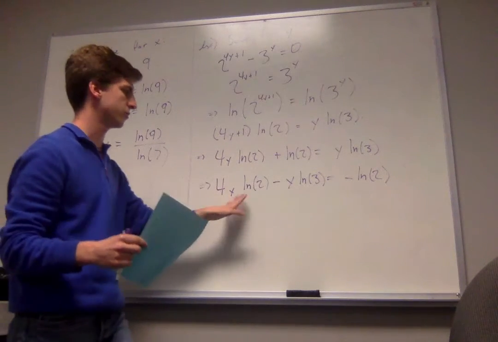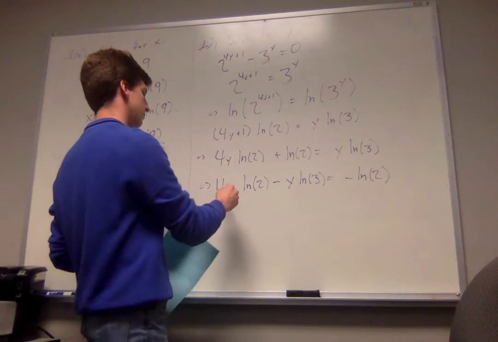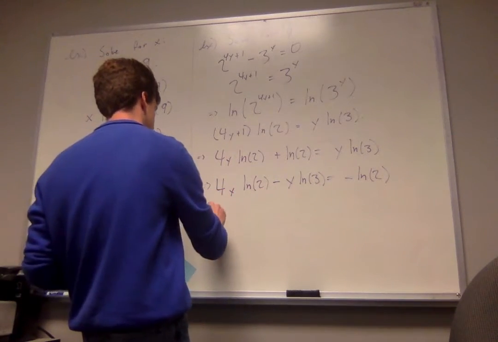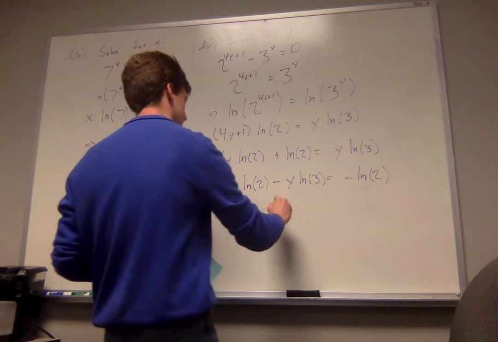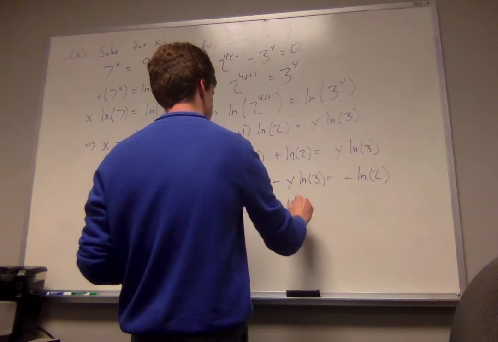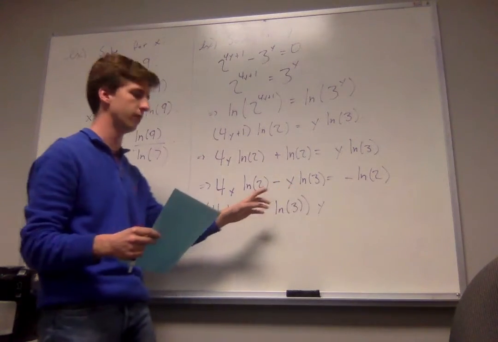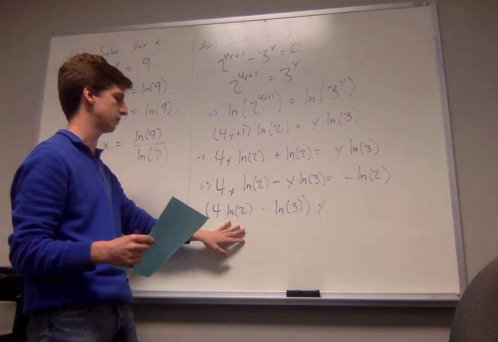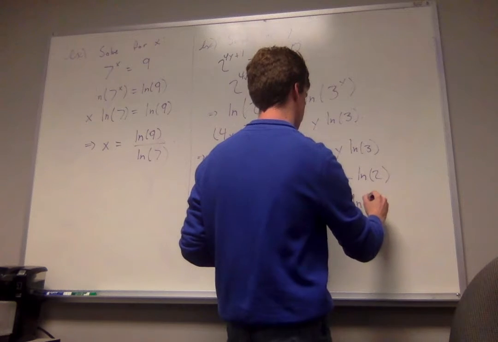So I have a y in the first term and a y in the second term, so we can factor out a y. When we do that, we get 4 times log 2 minus log 3, times y. So we factored out the y's and left everything that was remaining. And then that equals negative log of 2.